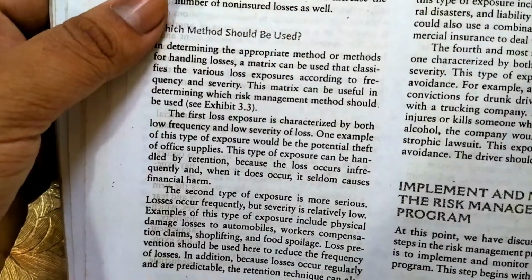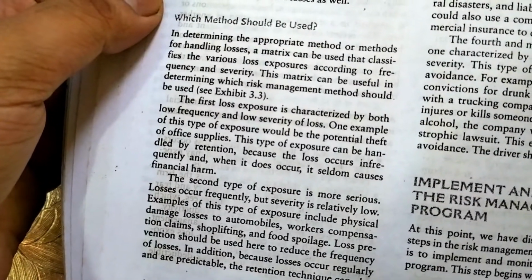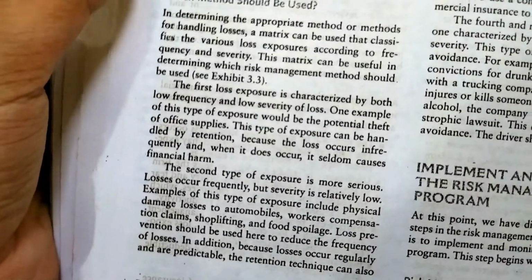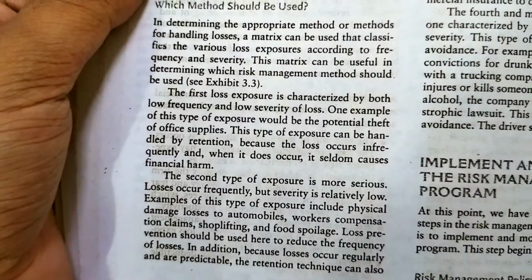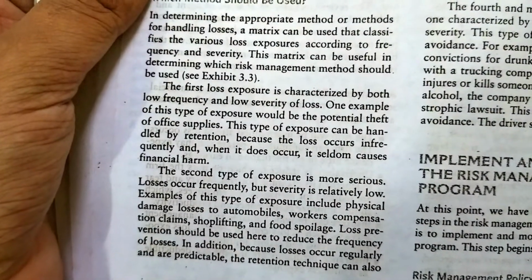We have already discussed it. The first loss exposure is characterized by both low frequency and low severity of loss. One example of this type of exposure is the potential theft of office supplies.